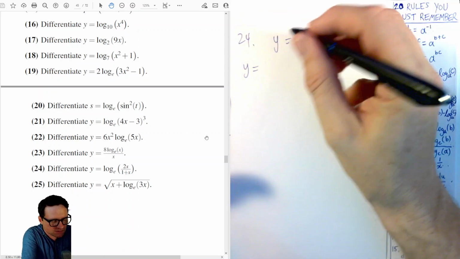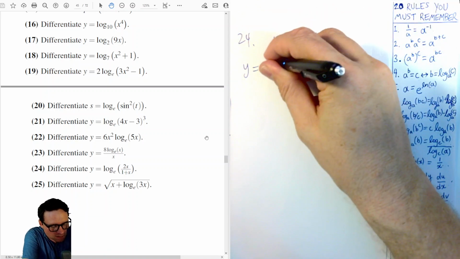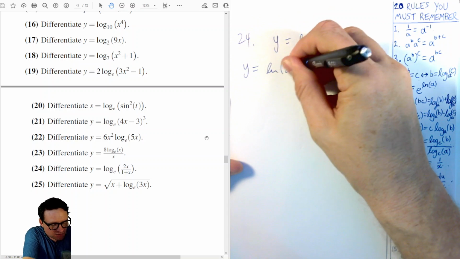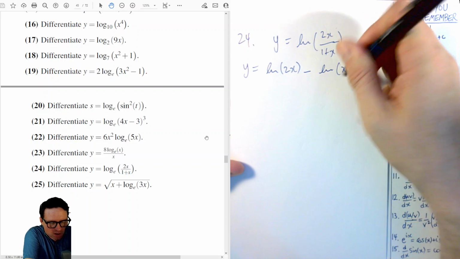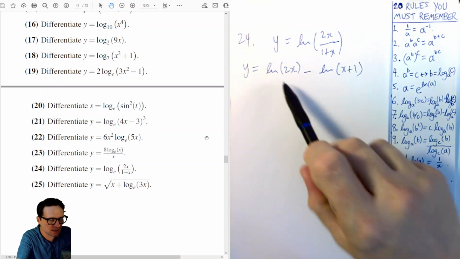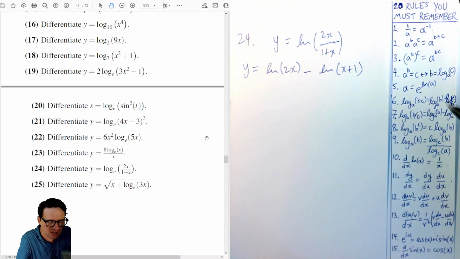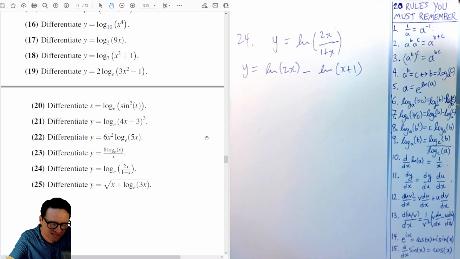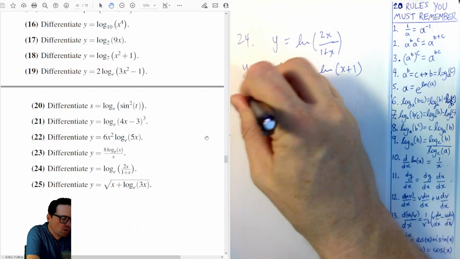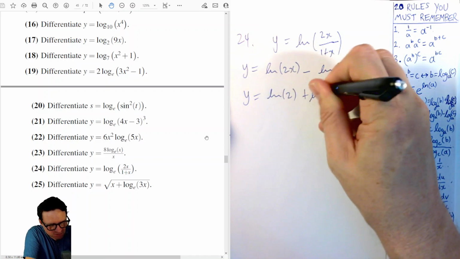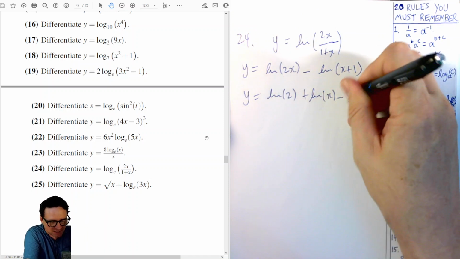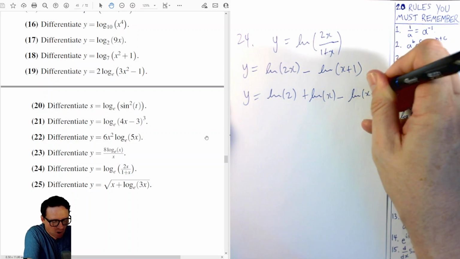So y equals ln of 2x minus ln of x plus 1. Now this one here I can break up again using rule number 6. y is equal to natural log of 2 plus natural log of x minus natural log of x plus 1.